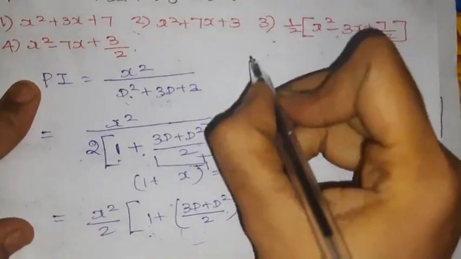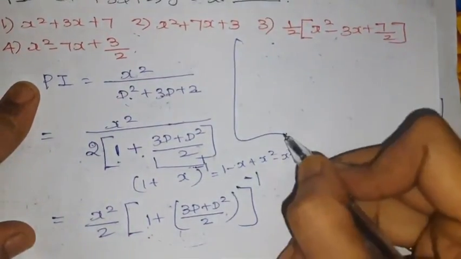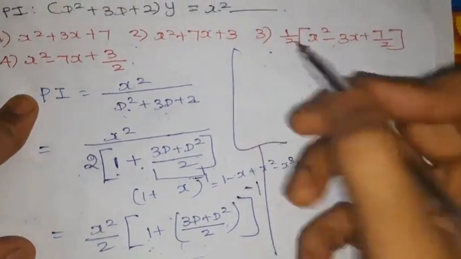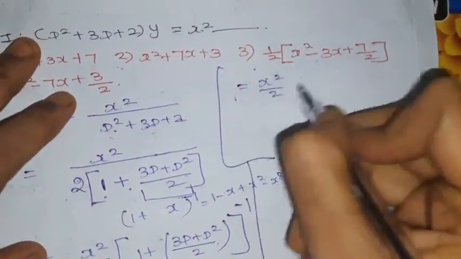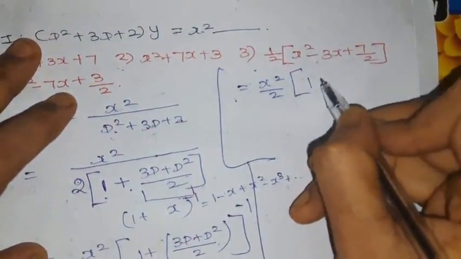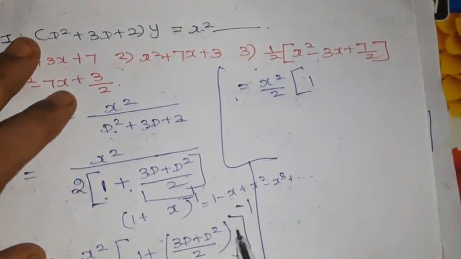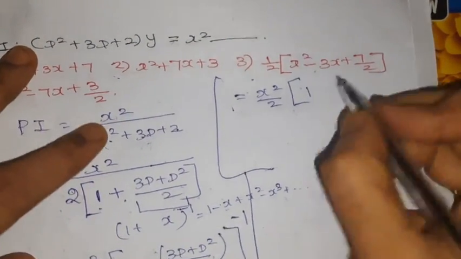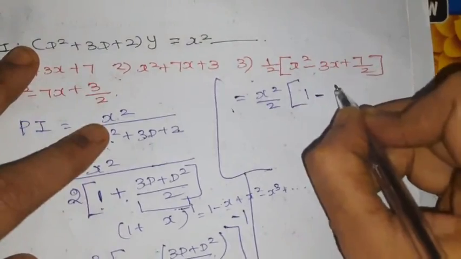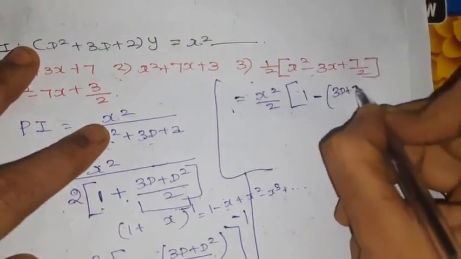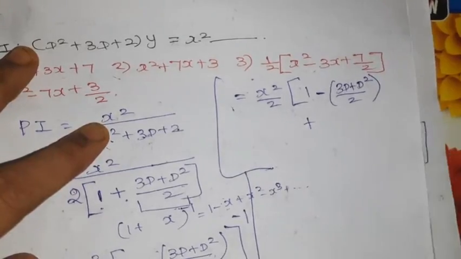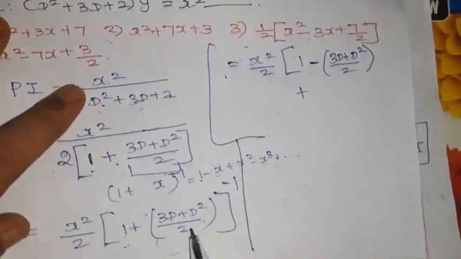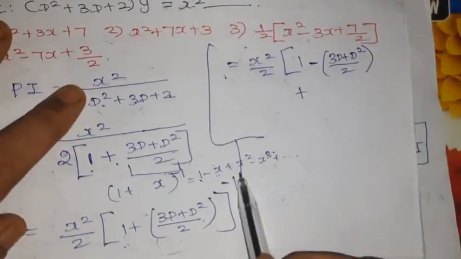Okay, then x squared by 2, then 1 minus x. 1 minus x means minus of this term 3D plus D squared by 2, then again plus, alternately minus plus sign, then this term the whole squared, x squared now.